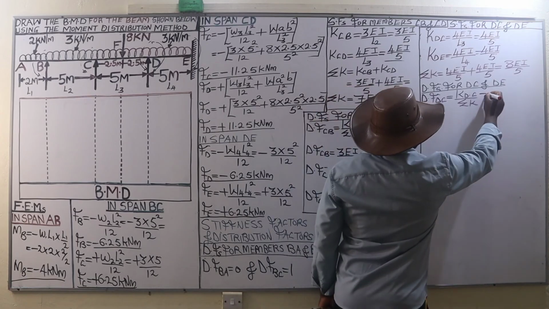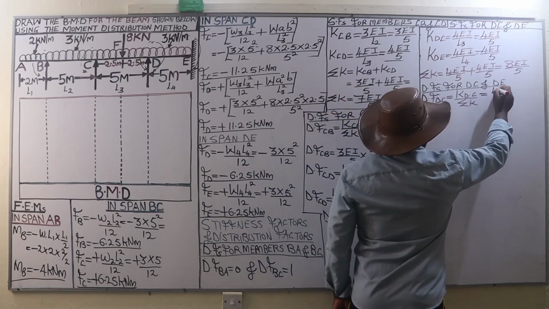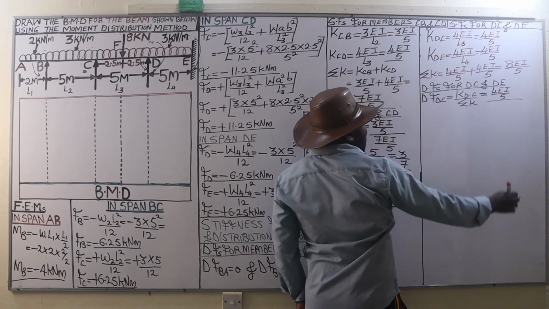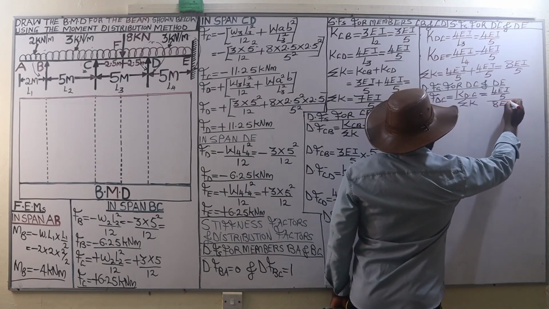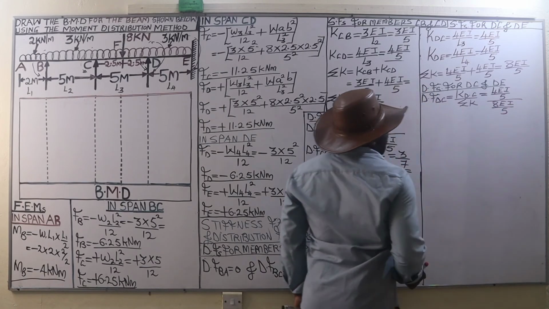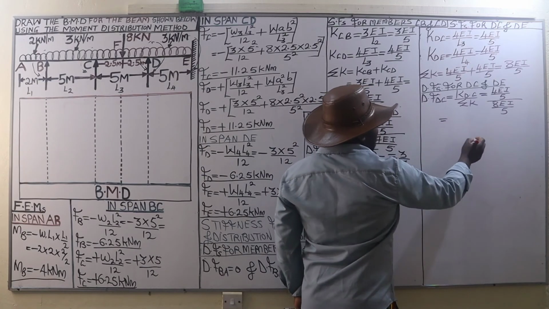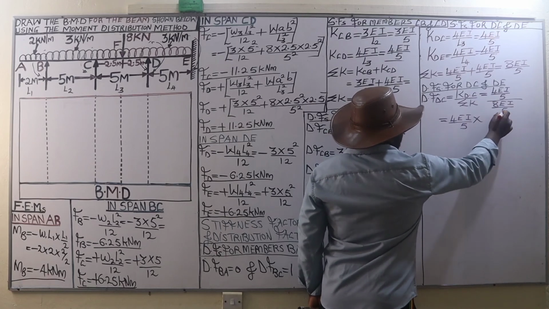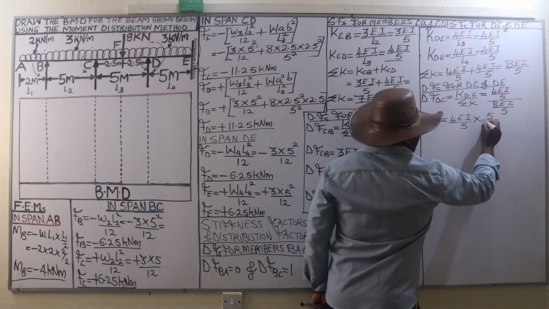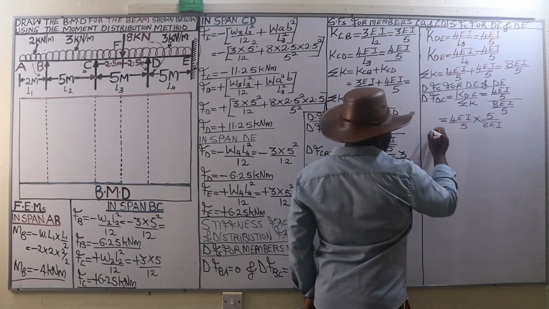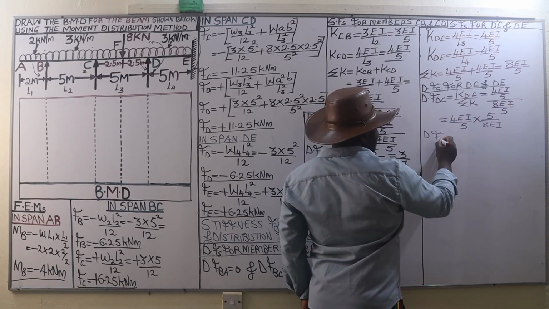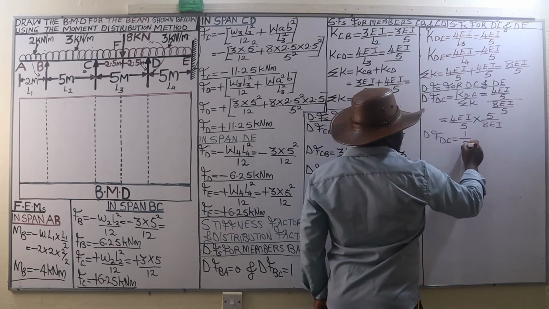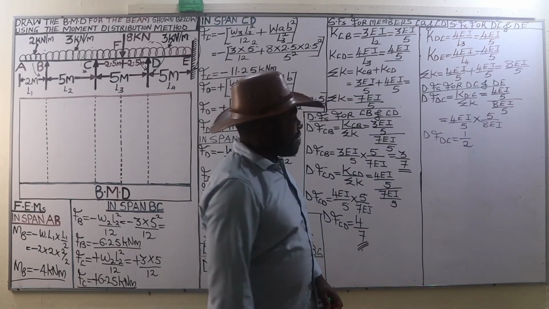This is equal to 4EI divided by 5 all over the summation of K, that is 8EI divided by 5. This gives us 4EI divided by 5 times the reciprocal, 5 divided by 8EI, and that's going to give us a distribution factor for member DC of 1 over 2, that is a half.